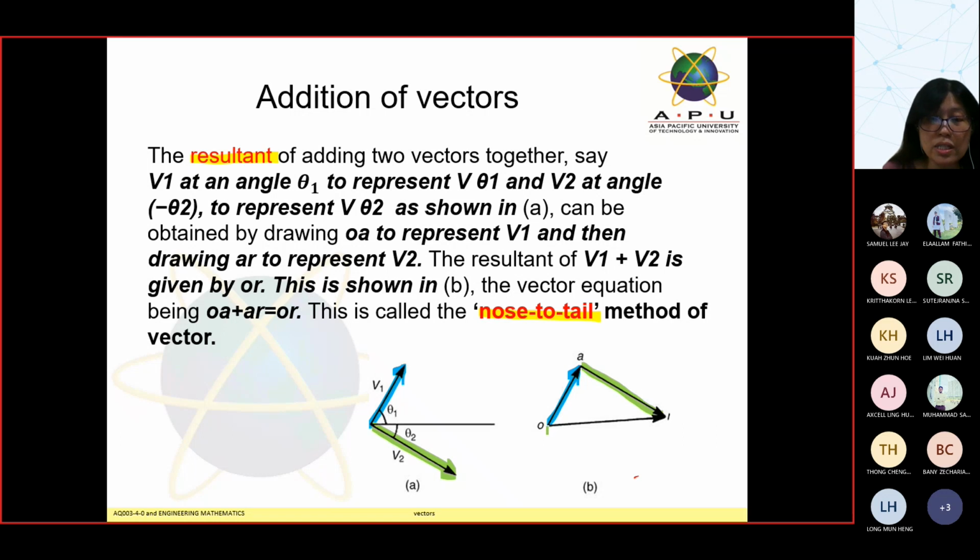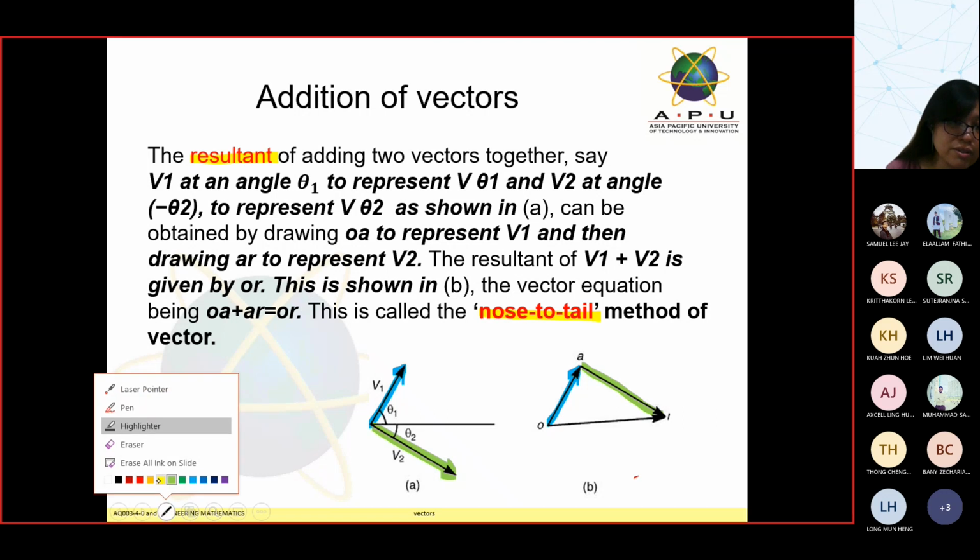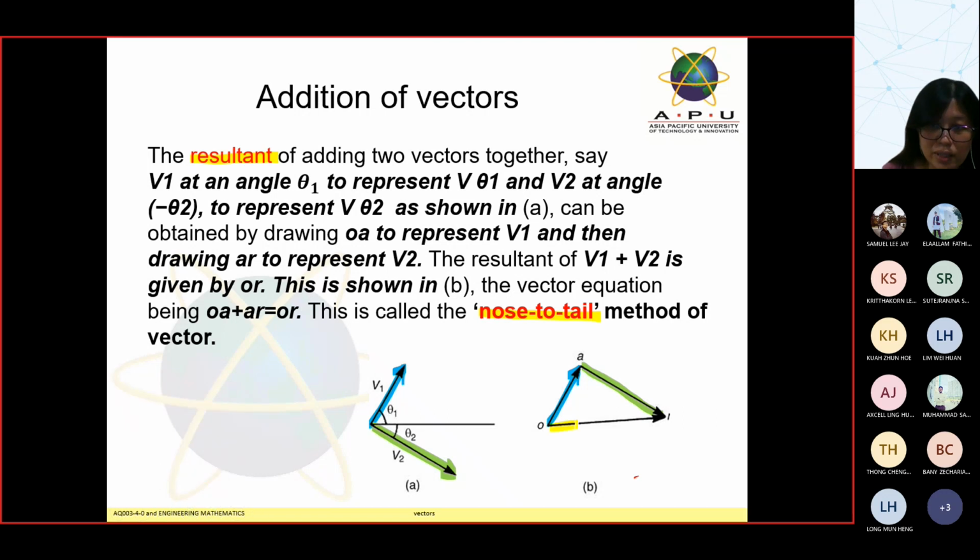Can you see from the nose, I continue to draw another vector with the direction shown? This is called nose to tail. And then how about your resultant vector? The resultant vector is this one, the one in yellow color.